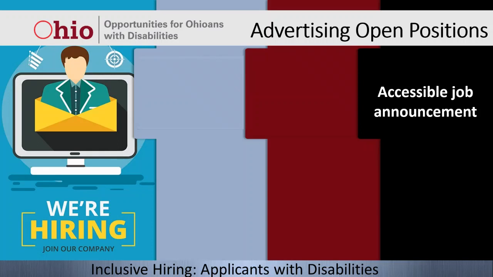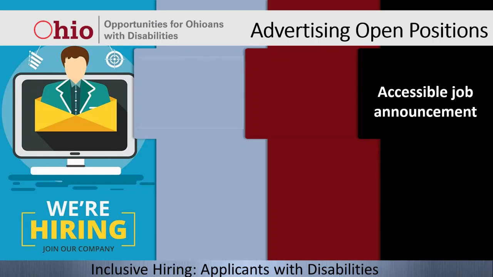The advertisement is another place to include your accessibility statement, so applicants know how to request an accommodation if one is needed to apply for the job. We also recommend you review your application forms and eliminate any questions that are related to a disability.